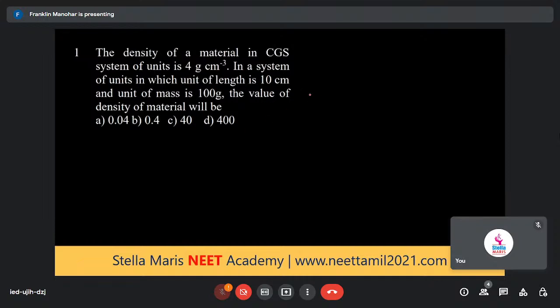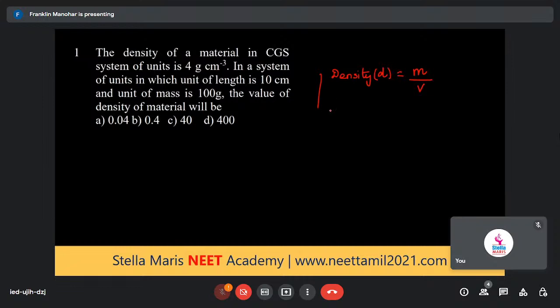So, density, as I told, is equal to mass by volume. Density, which is denoted by the letter d here. Mass by volume. Mass is in gram in CGS, gram per centimeter cube. So here L cube.